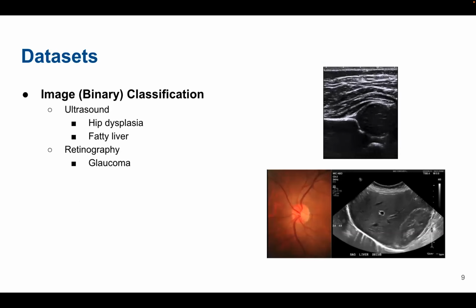We have data sets from ultrasound for hip dysplasia and fatty liver, and one in glaucoma. And then we train a model using the traditional machine learning approach. You take the data, you input that into a machine learning system, you download a library, you push a button, it trains, you wait a few hours, and then you get the answer.